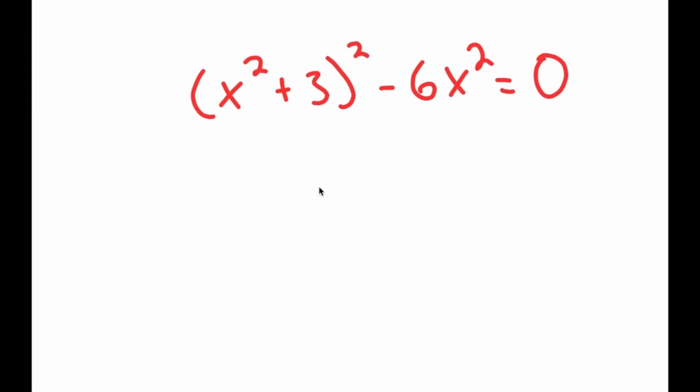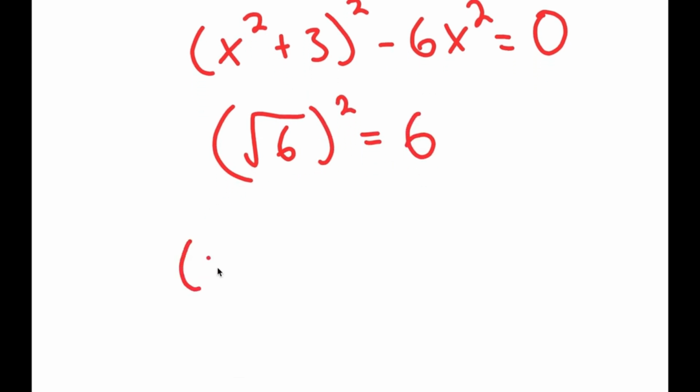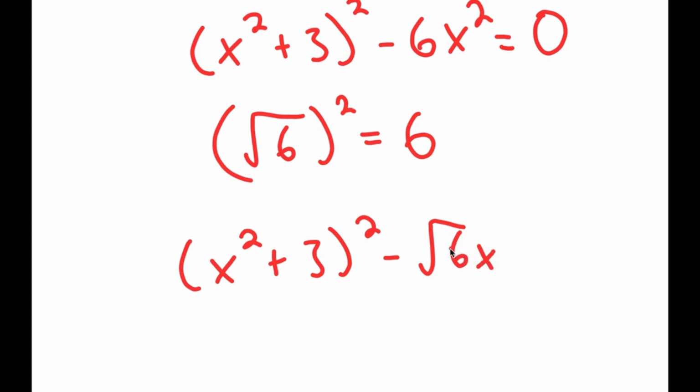And remember how the square root of 6 squared is equal to 6. So what I'm going to do is I'm going to rewrite this as x squared plus 3 squared minus the square root of 6x squared is equal to 0.